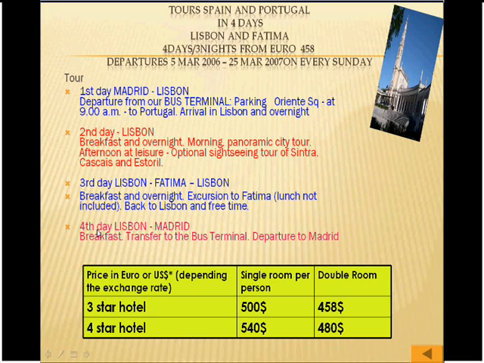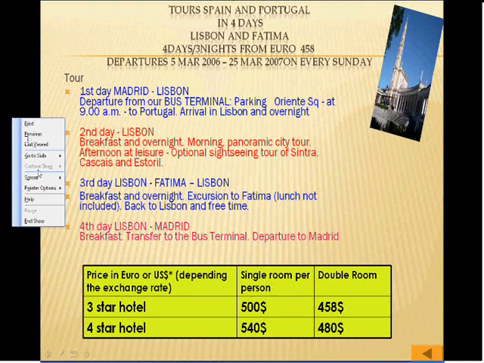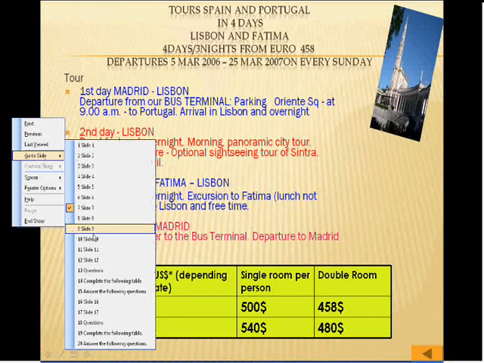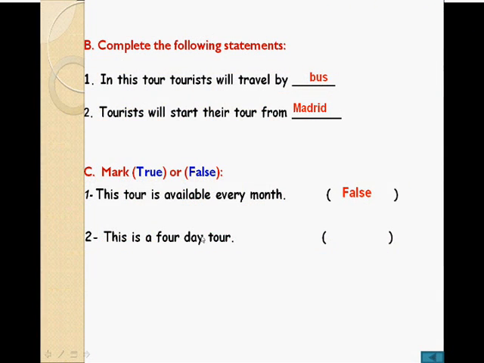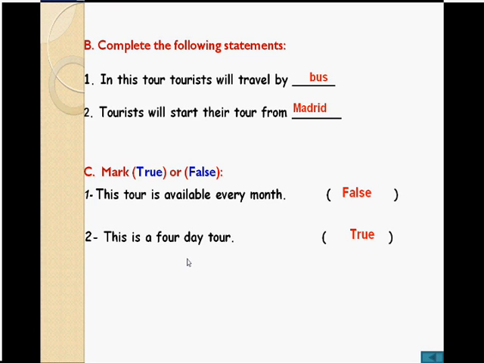So how many days? So is it true or false? So the key word here is for, right? Excellent, it's true.